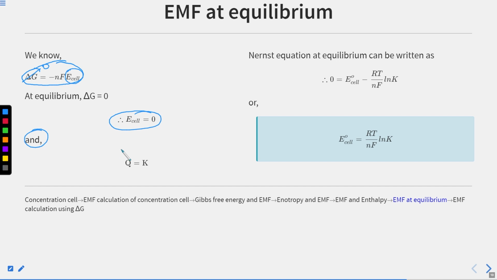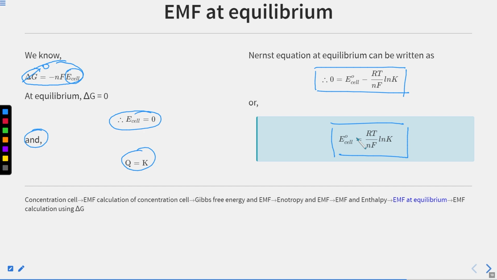Next, Q will be equals to K. So if we put all these values in the Nernst equation, we get our E naught cell as RT by nF ln K. So this is our final equation, which says that at equilibrium we have E naught cell is equals to RT by nF ln K. In this way we can calculate our Gibbs free energy change, and we can use this Gibbs free energy change to calculate entropy and enthalpy.